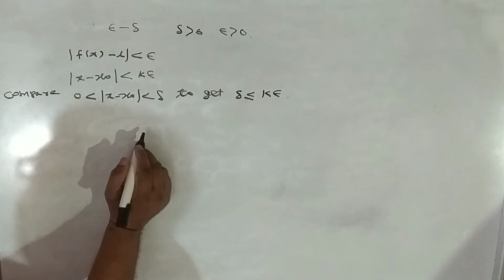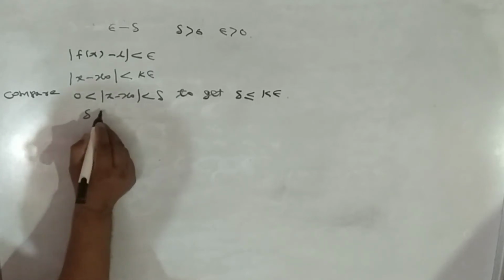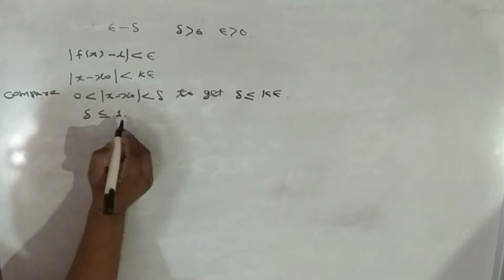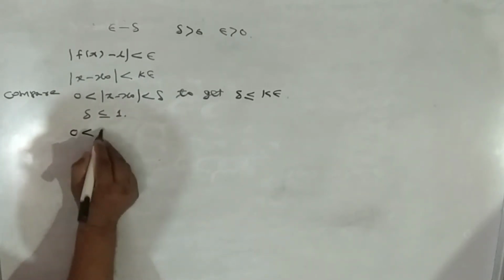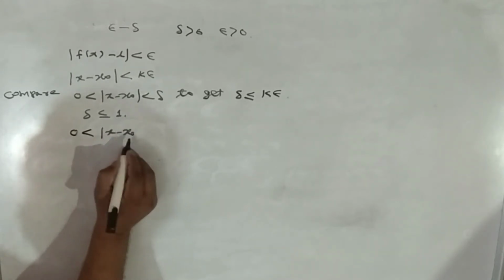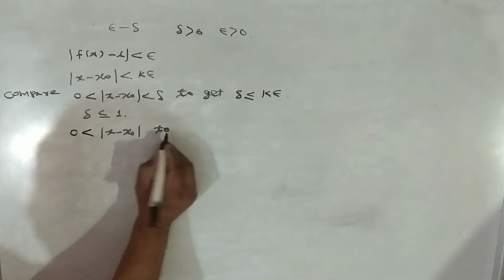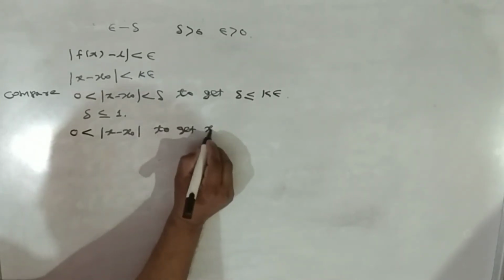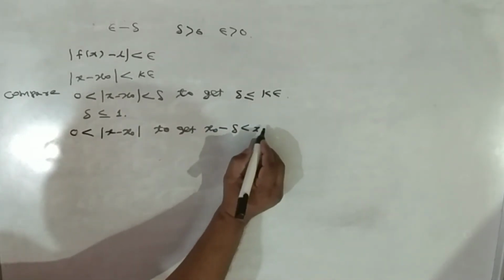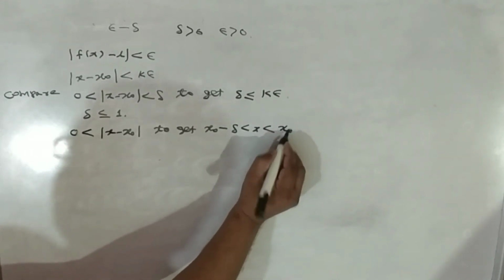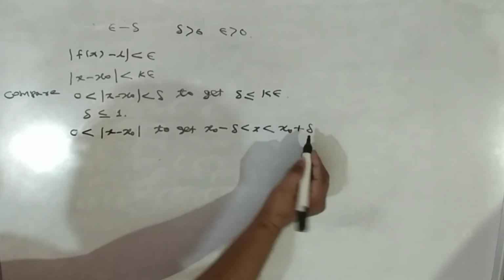Sometimes this does not work to get delta in terms of epsilon. In such cases, take delta less than or equal to 1. Consider the deleted delta neighborhood 0 less than mod x minus x0, to get x0 minus delta less than x less than x0 plus delta.